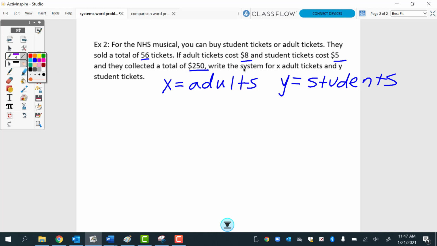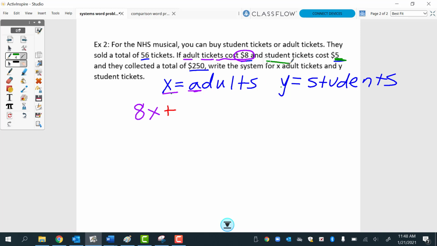So, was $8 for adults or students? Well, let's read it again. Adult tickets cost 8, so I put 8 with adults, X. So 8X plus my other dollar amount, $5. Did that go with adults or students?